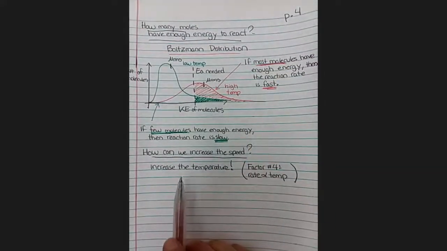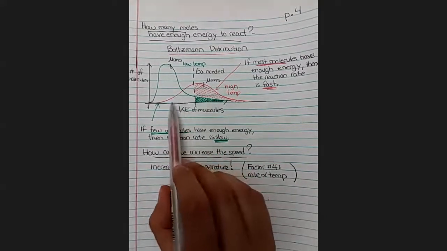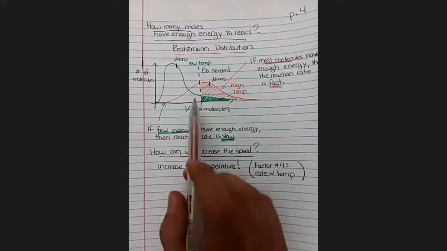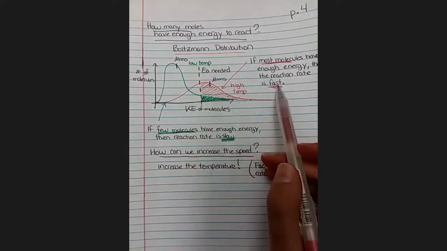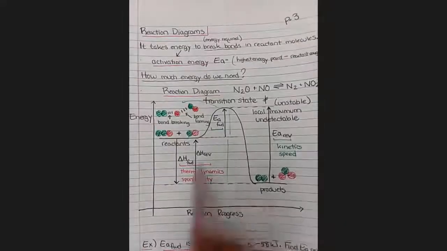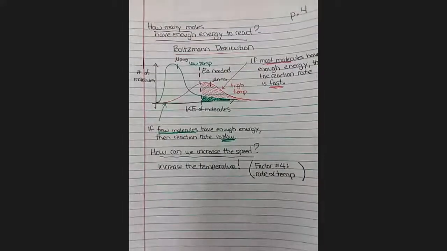One way that we can increase the rate of most reactions is to increase the temperature, because we shift the kinetic energy of those molecules. So most of the molecules have a high energy, and we increase the number of molecules that can make it over this hump to get from reactants to products, and we increase the speed of the reaction.